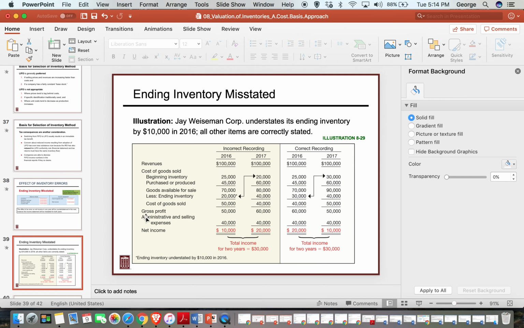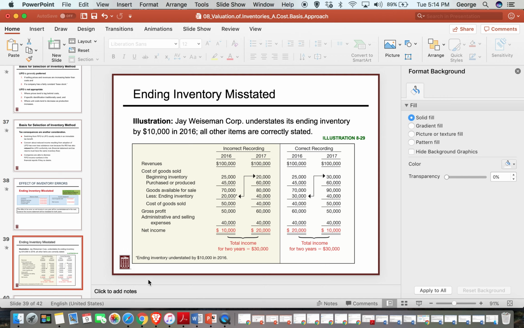So here's a quick example. Jay Weissman understates the inventory by 10,000 in 2016. So it's going to make it overstated in 2017. Actually, it's not overstated, but that is the correct number in 2017.